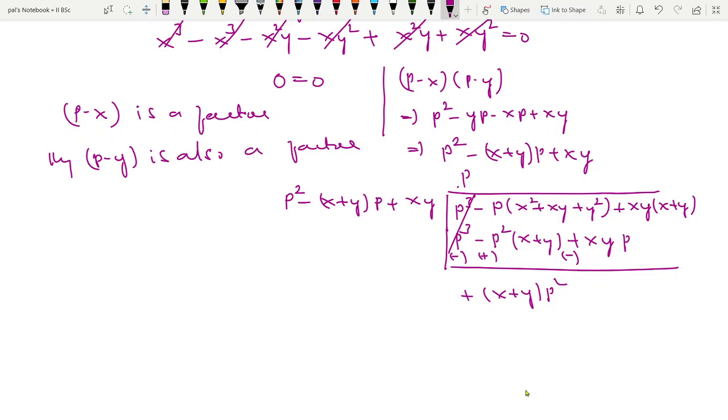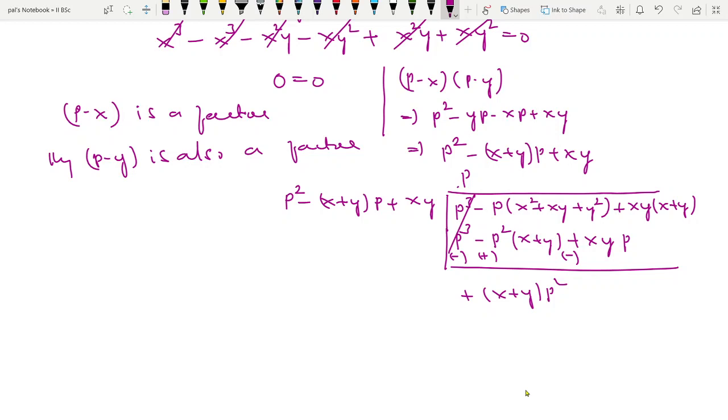If you take this operation here, if you take the p square factor minus p square factor, then it becomes xy plus xy.